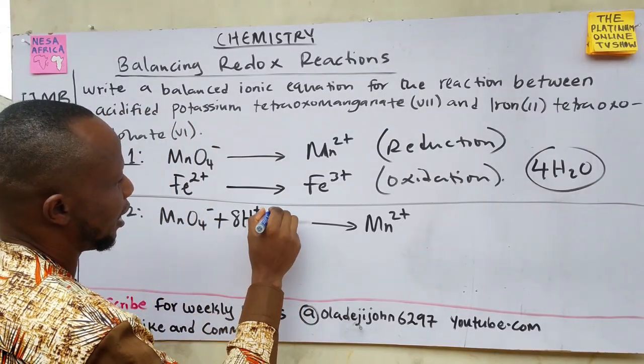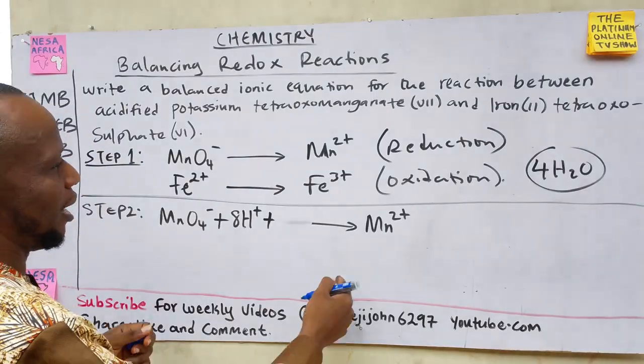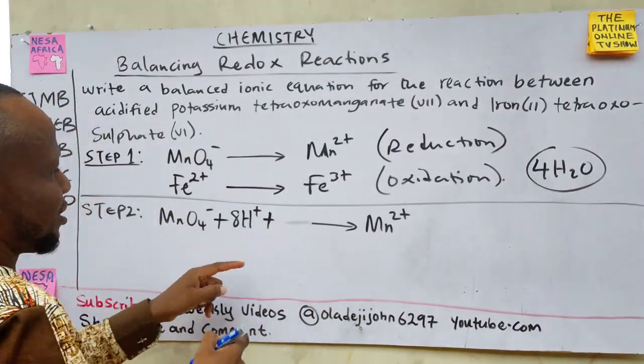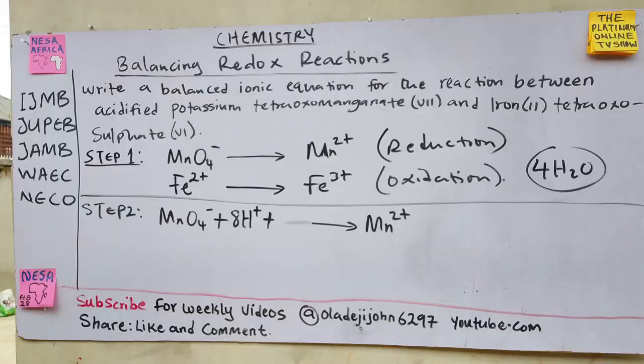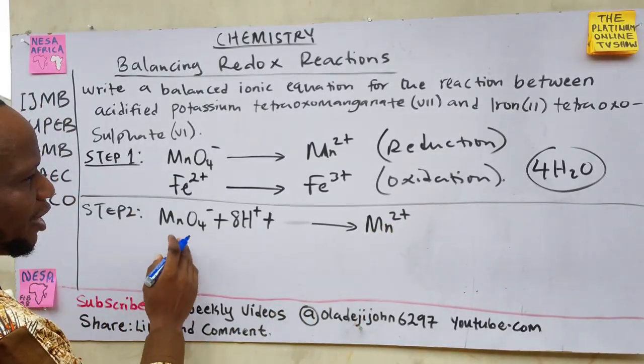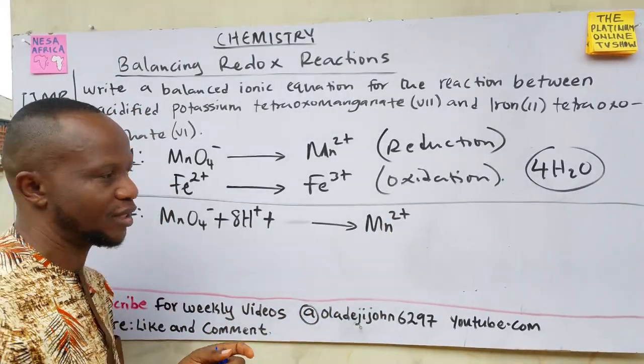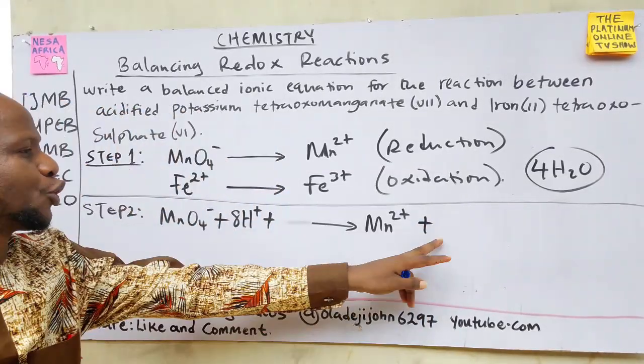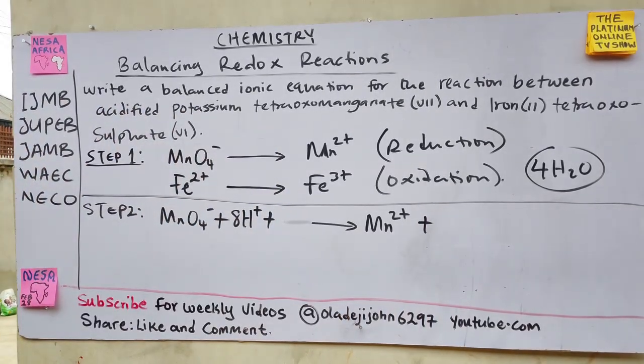What else are we supposed to have here? On this side we have MnO4⁻, so we'll be adding water. How much water will be added?